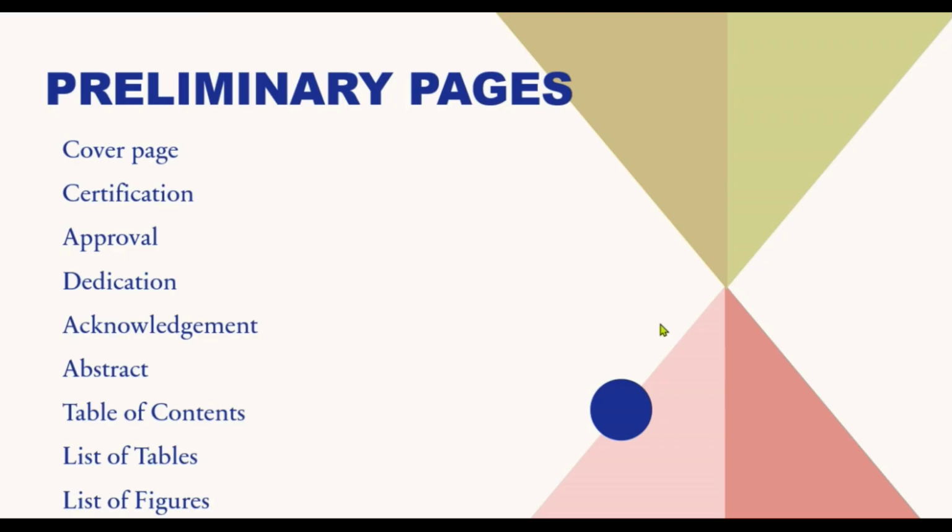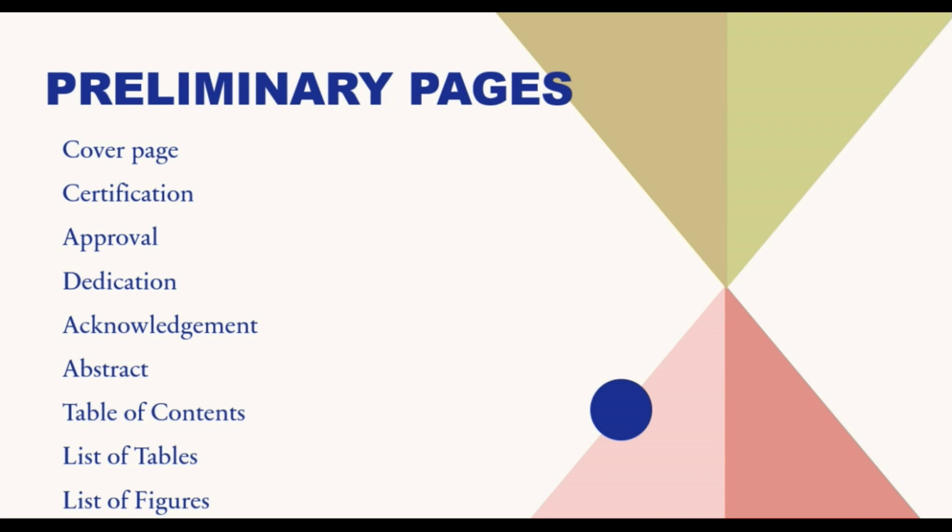The seminar report is divided into two major parts. The first part is the preliminary pages, and the second part is the main report. The same way the main report is important is the same way the preliminary pages is also very, very important, because the first place that the examiner goes through is the preliminary pages.